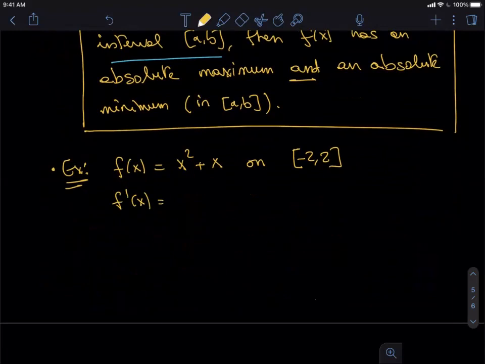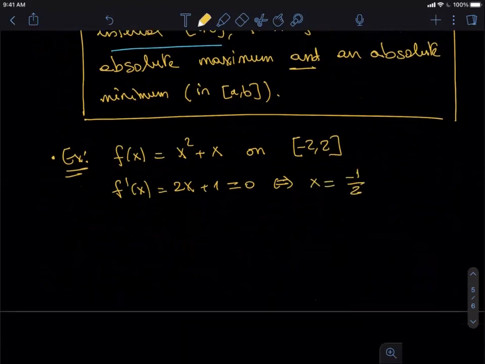f prime of x is 2x plus 1, which equals 0 if and only if x is -1/2. This is a critical number. Because the function is differentiable, this is the only critical number.